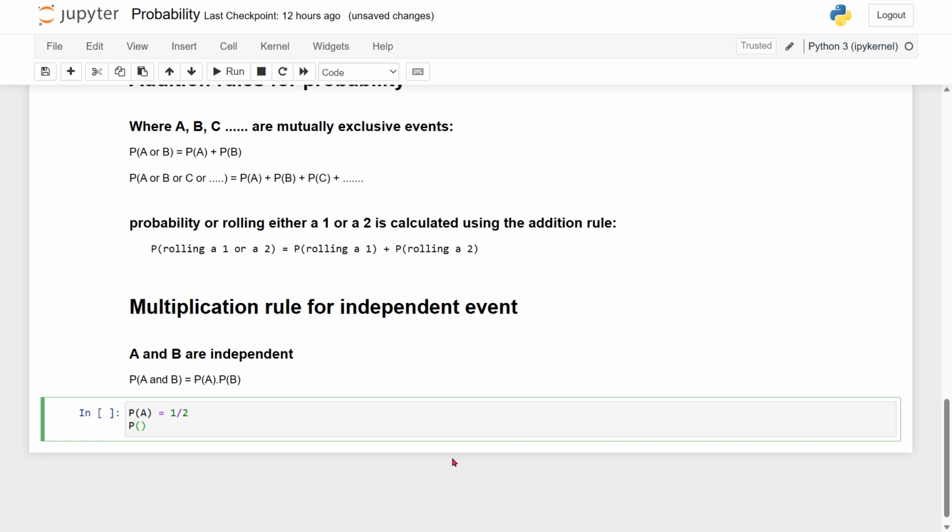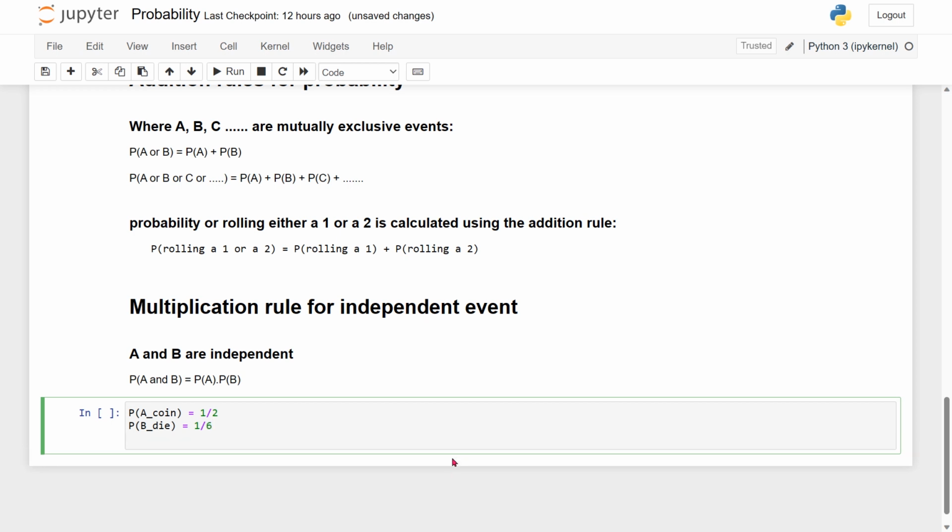Probability of the die, that's B, is 1 divided by 6. Then probability of both A and B is 1 divided by 2 multiplied by 1 divided by 6, and it's obviously 1 divided by 12. That's it.